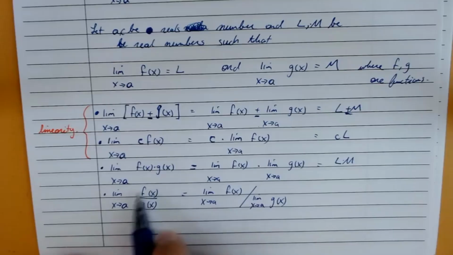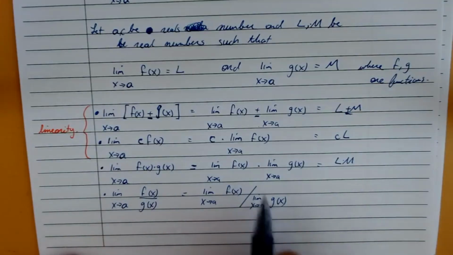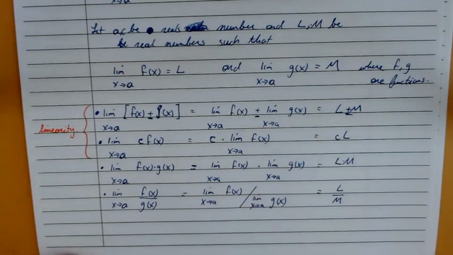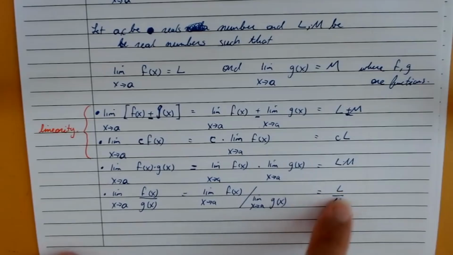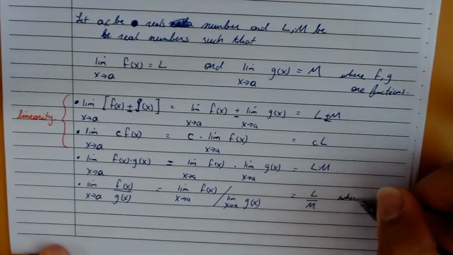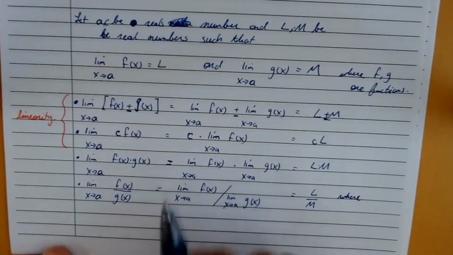So you can either divide and then take the limit, or you can take the limits and then divide those answers. So that's going to equal L over M. And here there is one condition. You must make sure that your denominator is not 0, where M is not equal to 0. If M is equal to 0, then this is not defined in the first place.